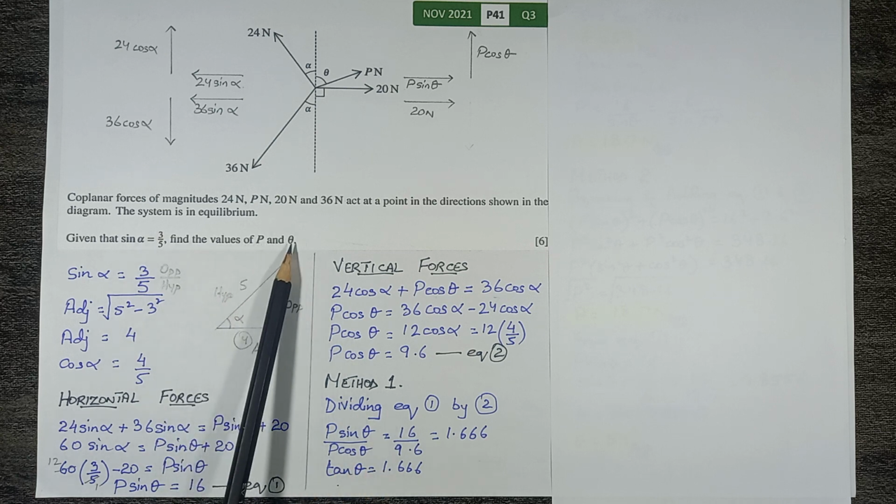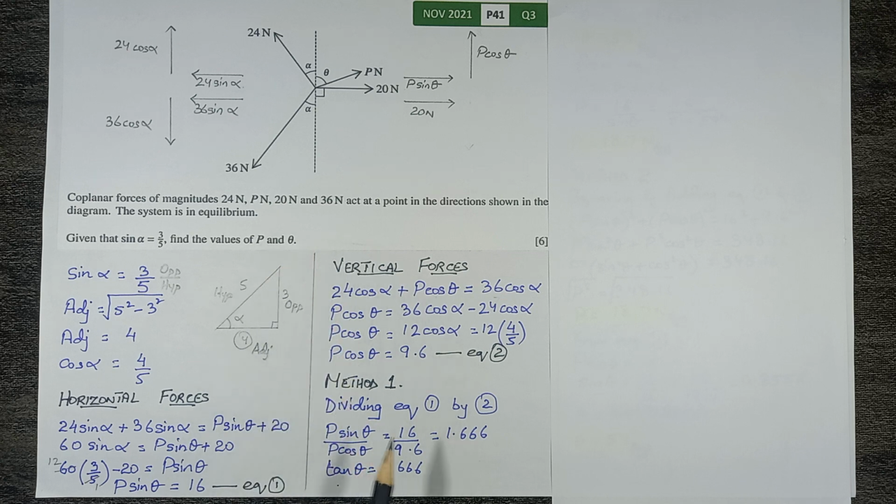Now we have two methods to solve this and get the values of the unknowns, which are p and theta. The first method is dividing equation 1 by 2, because equation 1 is in the form of sine and equation 2 is in the form of cos. So dividing equation 1 by 2, that means sine upon cos.